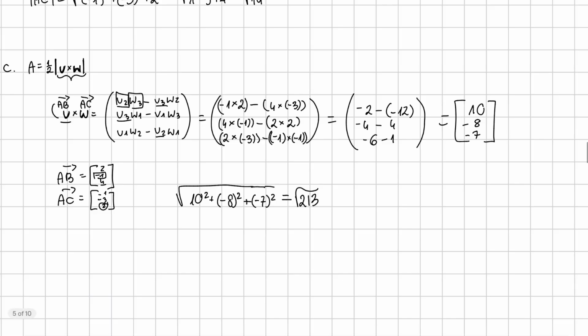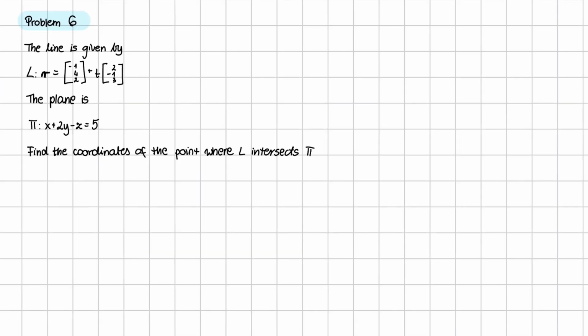Now we can substitute everything into our area. We have 1/2 times square root of 213, and our answer is 7.30 units squared.